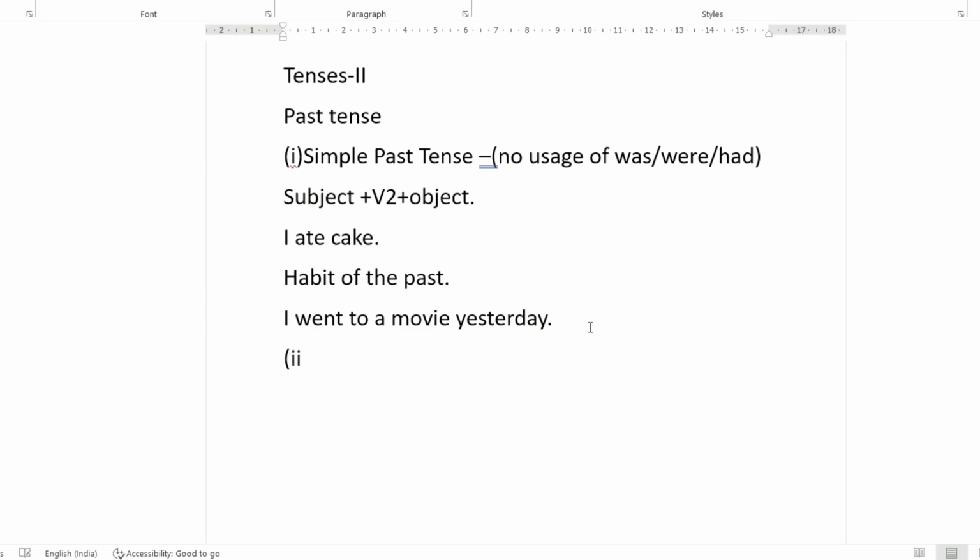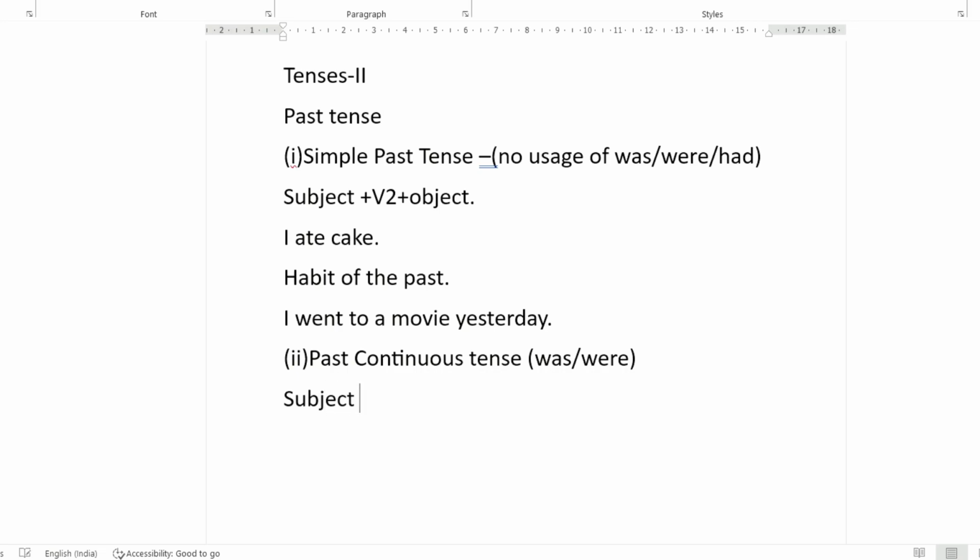The second type of past tense is past continuous tense. Now, this will have a usage of helping verb, that is was or were, and basically it talks about an action which continued for some time in the past.